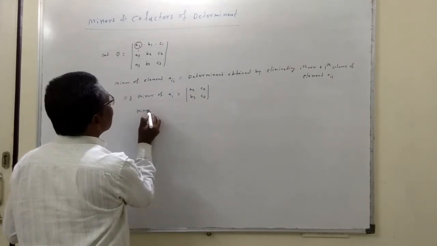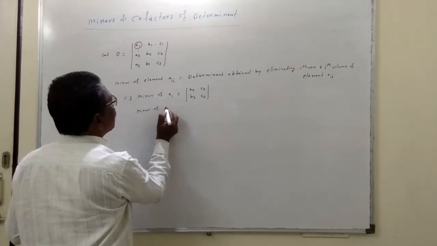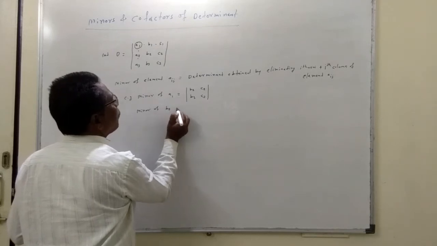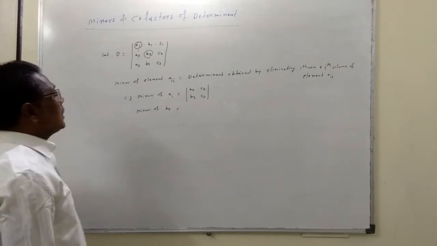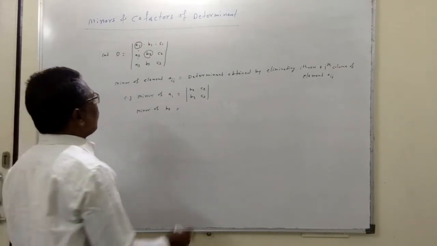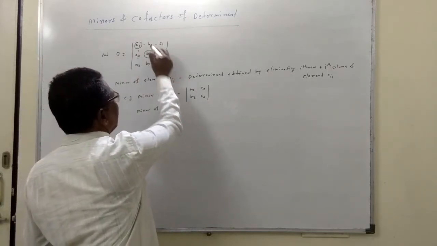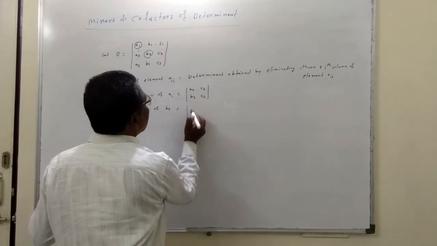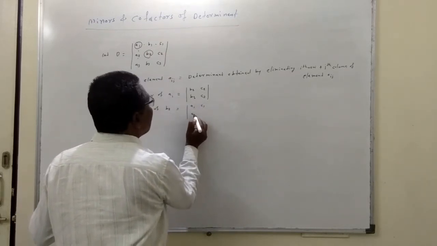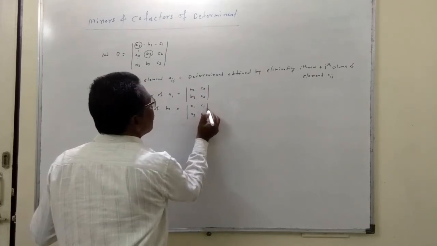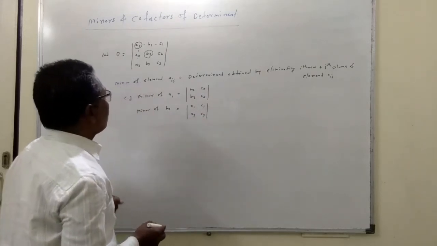Minor of, suppose, B2 you want to calculate. Now B2 is the element of the second row, second column. So we eliminate the second row and second column, and the determinant of the remaining elements, A1 C1, A3 C3, is the minor of B2.